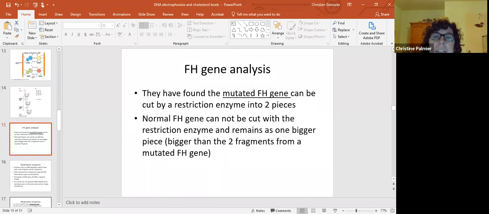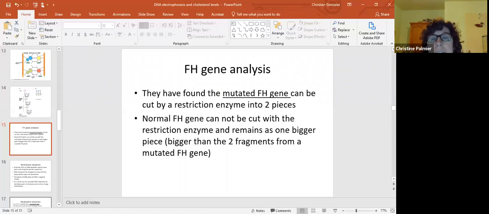So for FH gene analysis, they have found that the mutated FH gene, which is a dominant mutation, which overshadows the non-mutated version and gives people high cholesterol, can be cut by a restriction enzyme into 2 pieces.